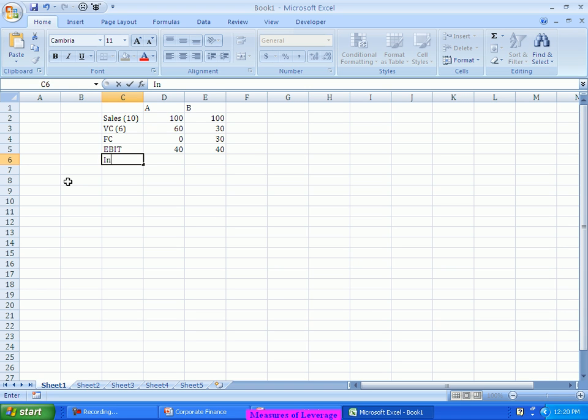So interest, I'll take it as 0. And let's say for this company, the interest is another 10 million, right? So finally, the profit before tax is 40 for this company, whereas it is 30 for this company.